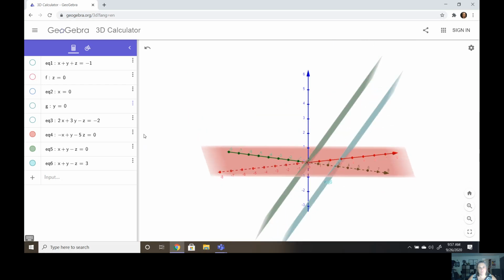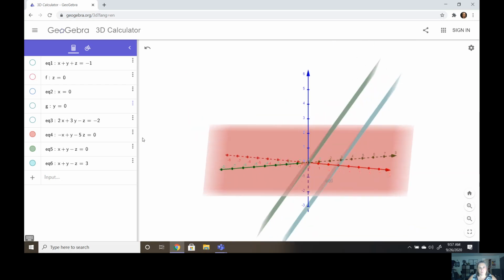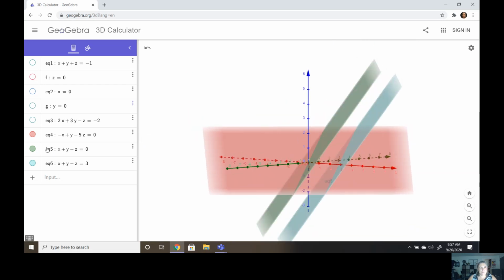And so now I have 2 planes, but you notice what I did over here. So equation 5, x plus y minus z equals 0, and then I added equation 6, which is still the same thing on this side, x plus y minus z, but I put it equal 3 instead.